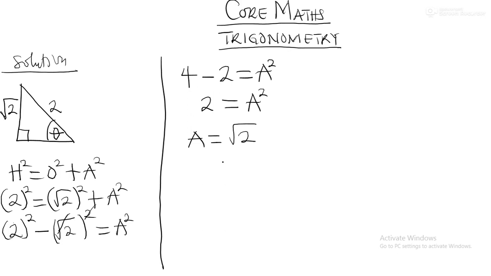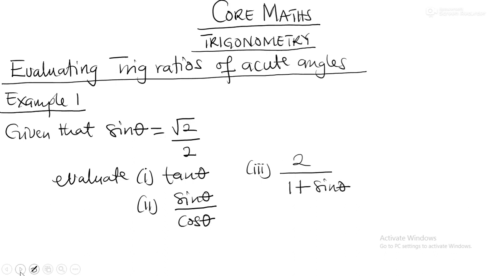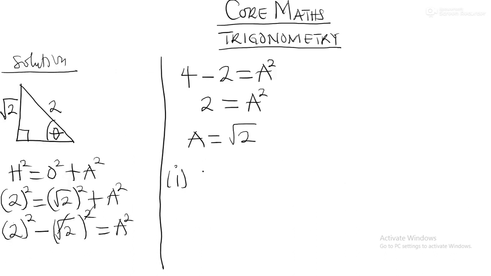So now we have all the sides of the right angle triangle. So let's look at the I. If I were to find tan theta, we know that tan theta is opposite over adjacent.